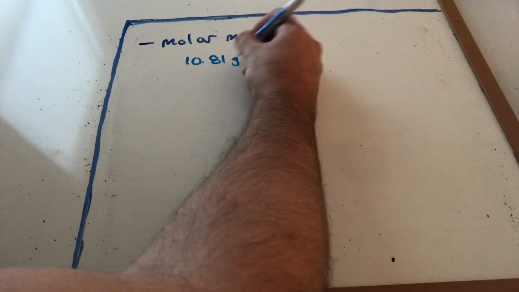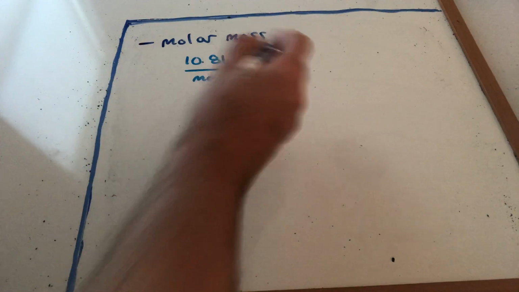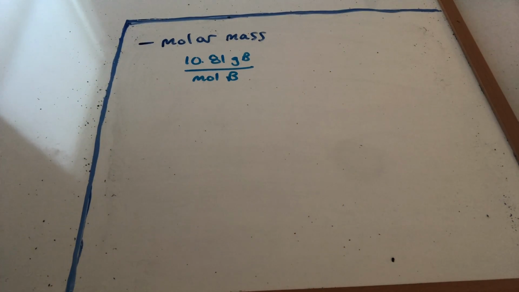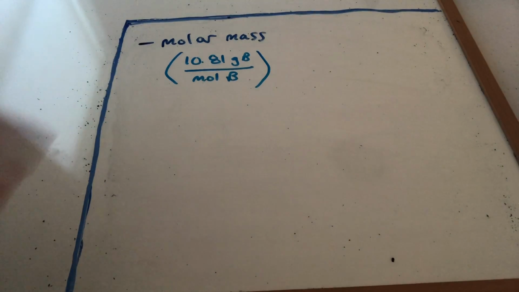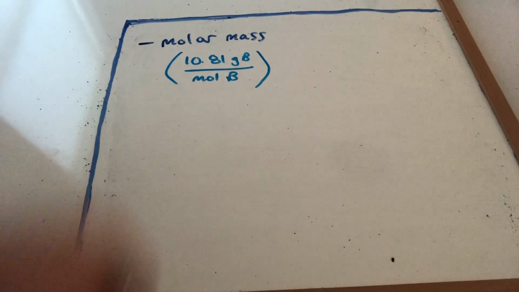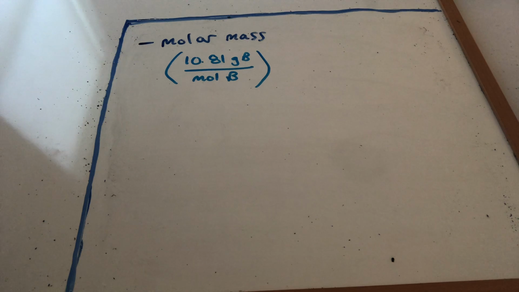So we can take that equality and write it as 10.81 grams per mole, 10.81 grams of B for every mole of B. This allows us to take mass information and make it mole information, or to take mole information and make mass information. It allows us to count by mass.